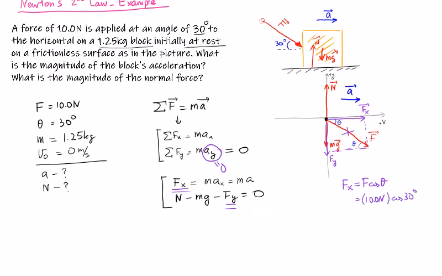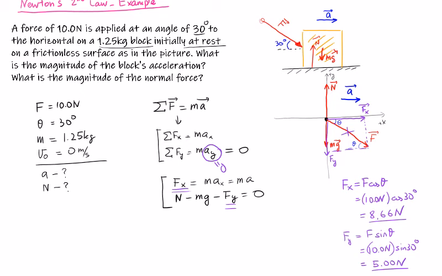When we plug this into our calculator, we get 8.66 newtons. We do the same thing for the y component. Fy equals F sine theta, that equals 10.0 newtons times sine 30. Plug it into your calculator and that will give you 5.00 newtons. So we have two values for Fx and Fy.